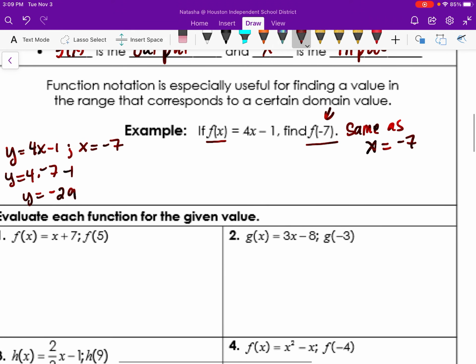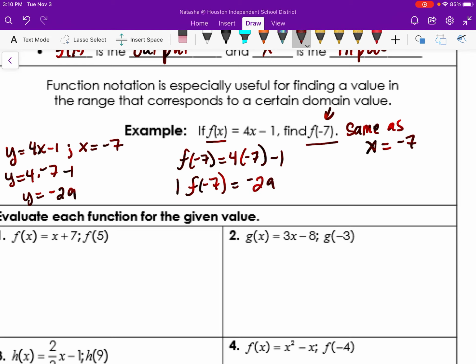Now the way that I would write this is f of negative 7 is equal to, replacing the x with my input, 4 times negative 7 minus 1. I'm only going to simplify the right side. I'm not solving for anything on the left side. The left side's already solved. Once we simplify the right side, that's going to give us negative 29.